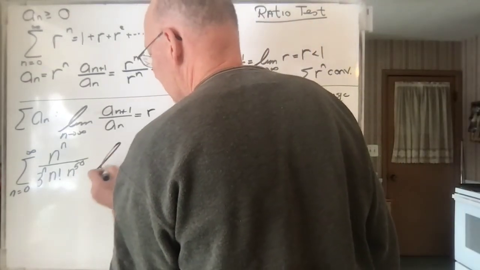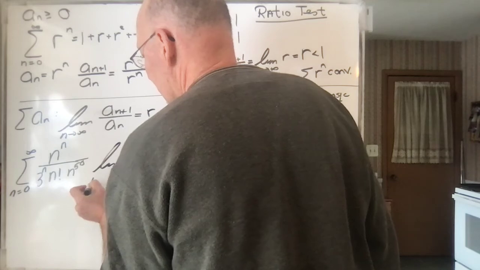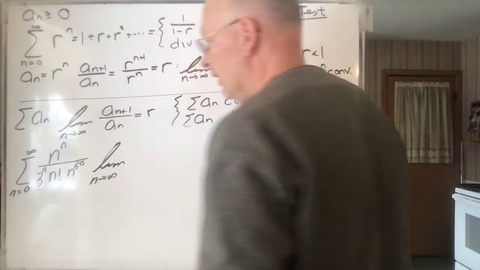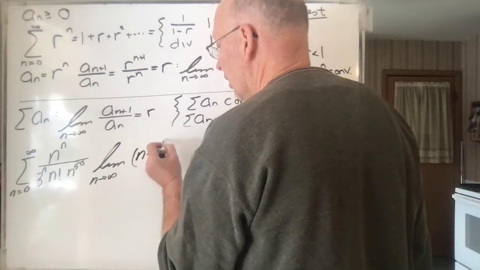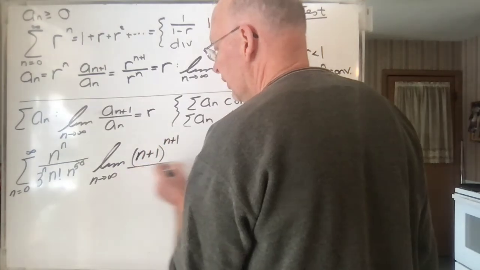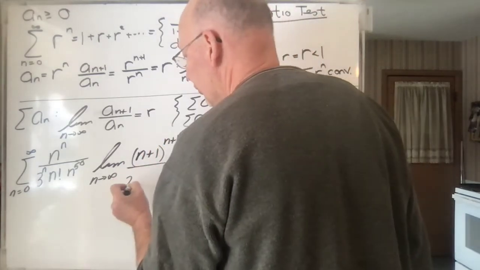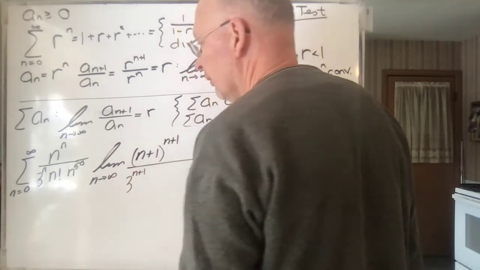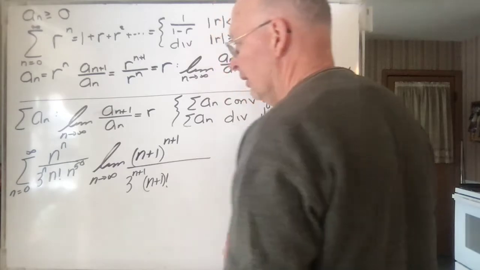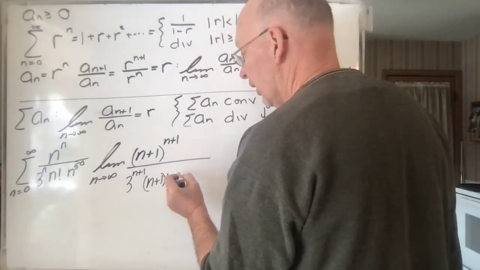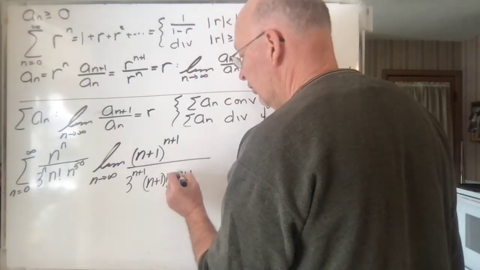Okay, here we go. Take the limit as n goes to infinity. It's going to be n plus 1 to the n plus 1 power, all over 3 to the n plus 1 power times n plus 1 factorial times n plus 1 to the 50th.